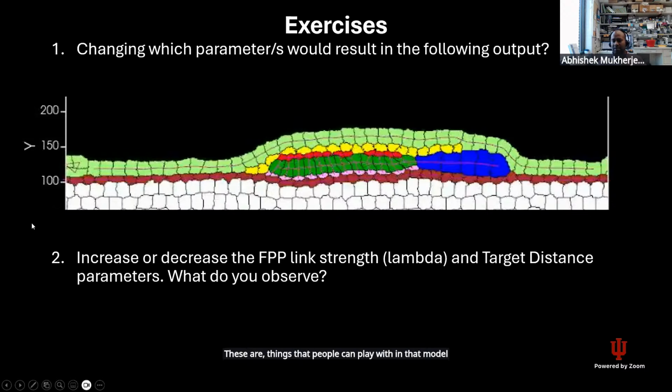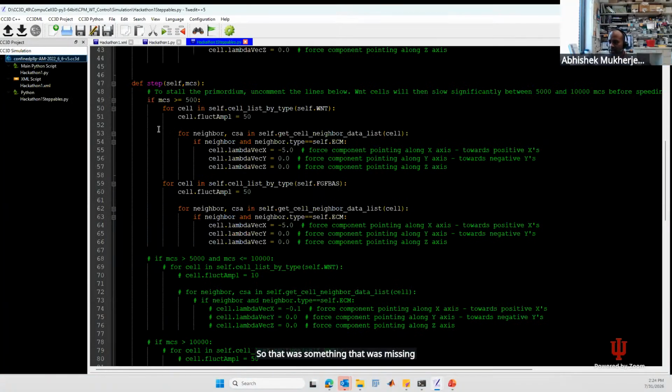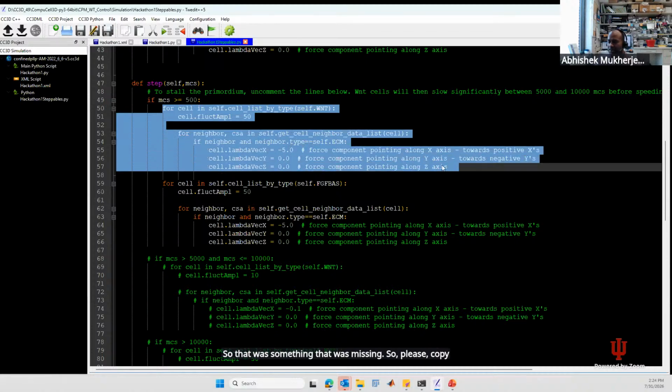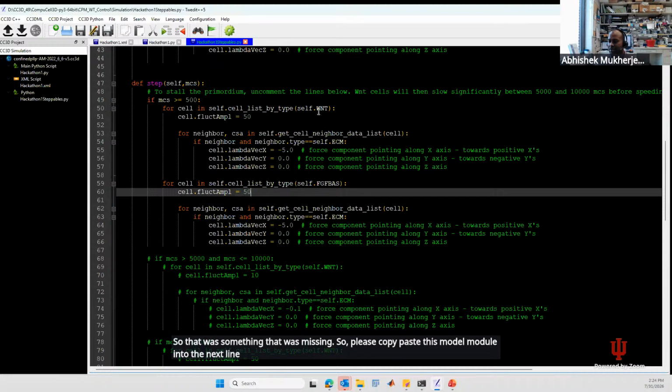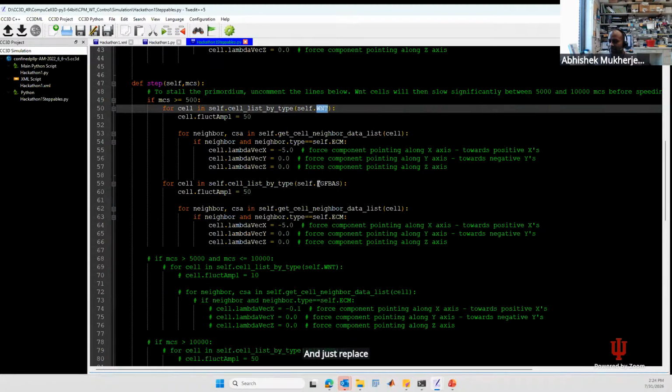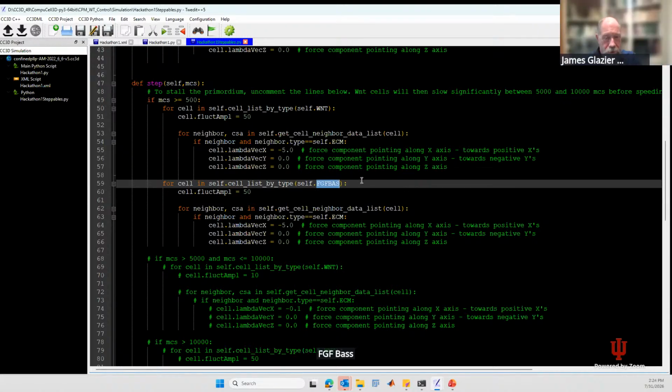And please add that external potential on the basal layer like I showed. I can show that again. That was something that was missing. So please copy and paste this module into the next line and replace self.Wnt with self.FGF-bas. Maybe slow down, let's do this together.